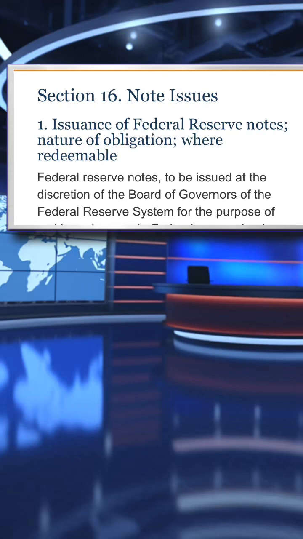Any Federal Reserve Bank may retire any of its Federal Reserve notes by depositing them with the Federal Reserve agent or with the Treasurer of the United States. And such Federal Reserve Bank shall thereupon be entitled to receive back the collateral deposited with the Federal Reserve agent for the security of such notes.